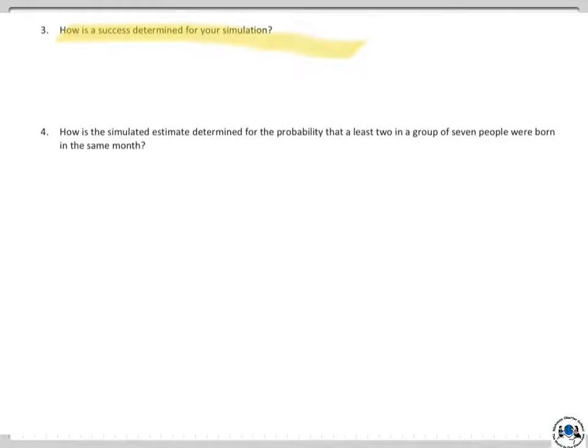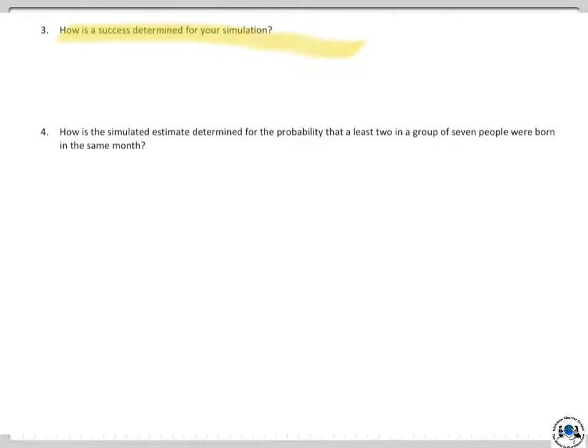But before we get on with this simulation, we need to ask a question here. How is success determined for your simulation? We have to go back to what we were trying to figure out.